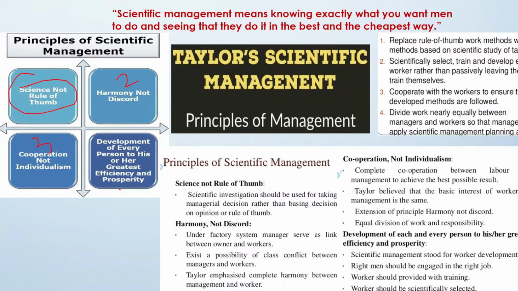And the fourth one is development of every person to his or her greatest efficiency and prosperity. The first one was saying science, not rule of thumb. It means replacing the rule of thumb work method with methods based on scientific study of task.